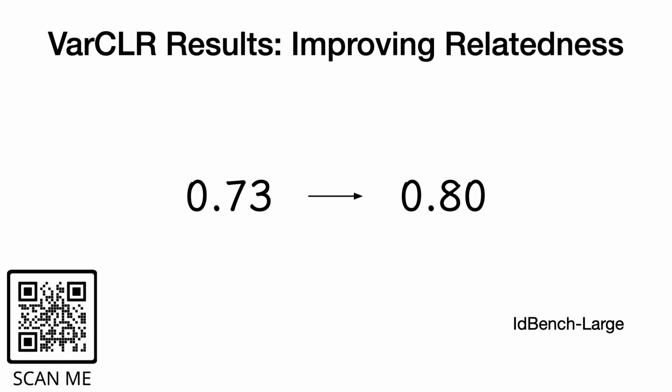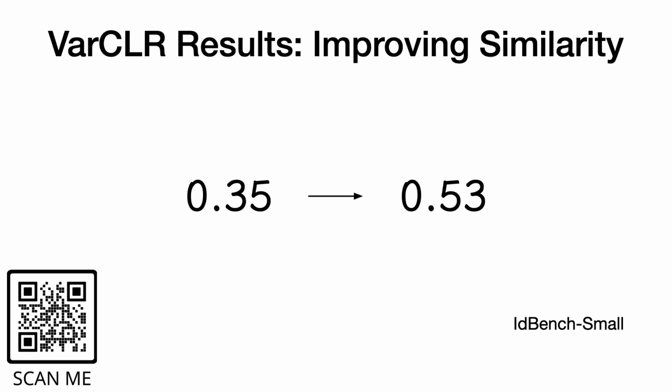But here, let's first have a look at the most important results from our experiments. First, our best performing model improves the previous state-of-the-art approach from 0.73 to 0.80 on IDBench large. This improvement might not seem a huge leap, but remember, our goal is to improve similarity, and the fact that improving similarity does not harm relatedness and even improves relatedness further is very encouraging.